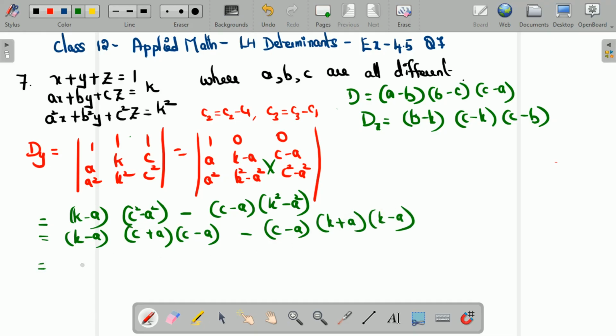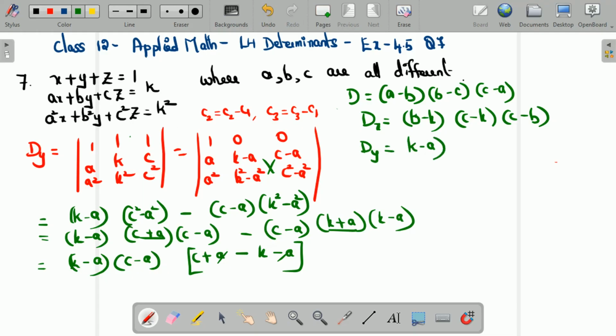We take k minus a and c minus a outside. What is left is c plus a minus k plus a. The sign applies to both, so the a will vanish. So dy will be equal to k minus a into c minus a into c minus k. This is the value of dy.